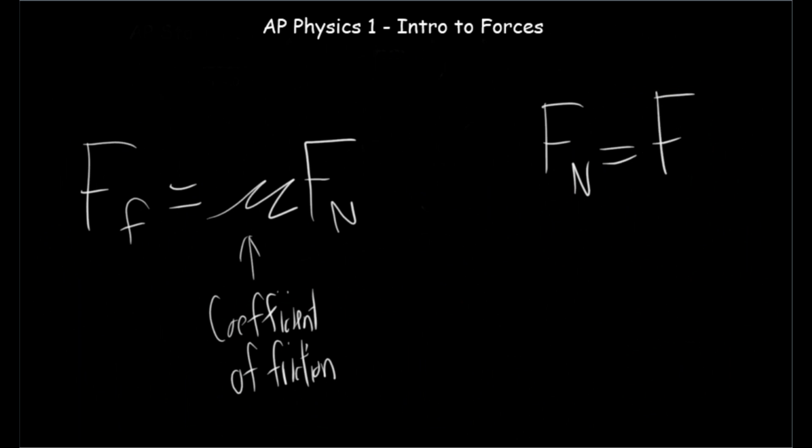But generally, it's also equal to the force of gravity, because when you think about it conceptually, a box is on the ground, right? It's not moving up or down.